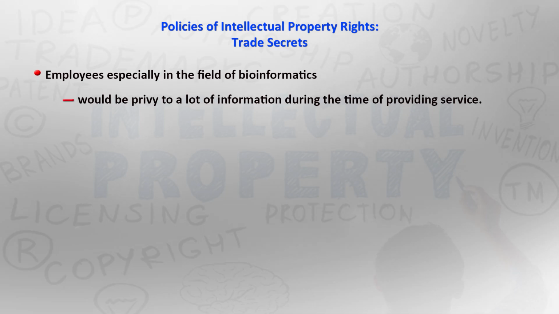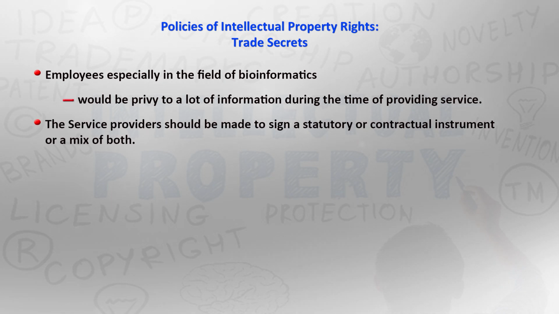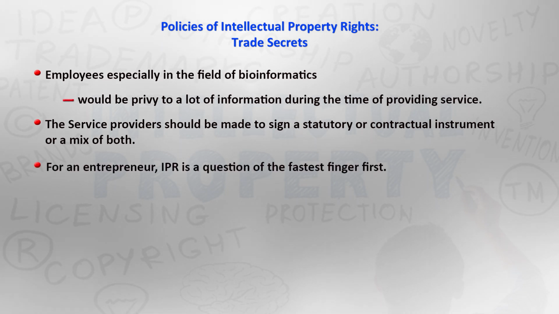Then trade secret is another way of intellectual property right protection. Employees, especially in the field of bioinformatics, would be privy to a lot of information during the time of providing services, and the service providers should be made to sign statutory or contractual instruments, or a mix of both. For entrepreneurs, IPR is a question of the fastest finger first.